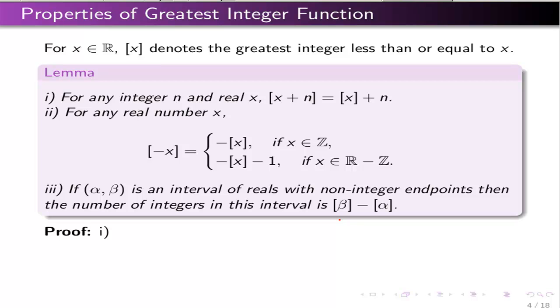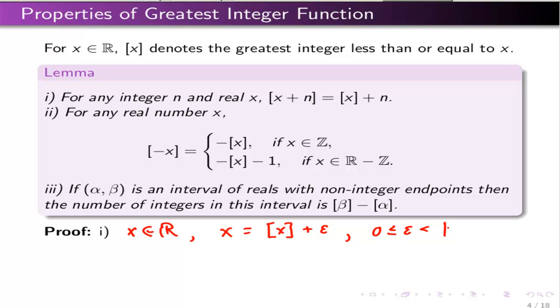So for the proof of part 1, let x be some real number. Then you can write x as its greatest integer part, [x], plus a tiny number strictly less than 1. Let's just call it an epsilon here. That's just the definition of the square bracket symbol.